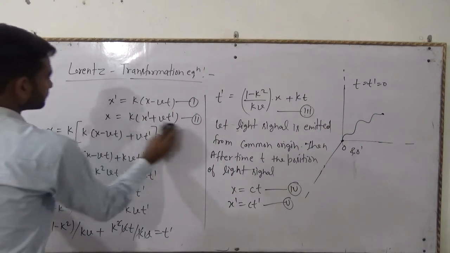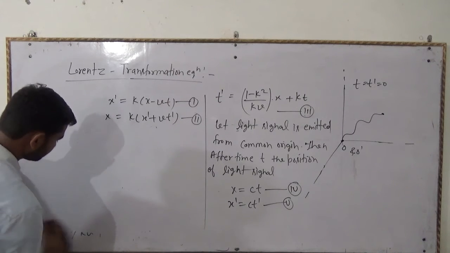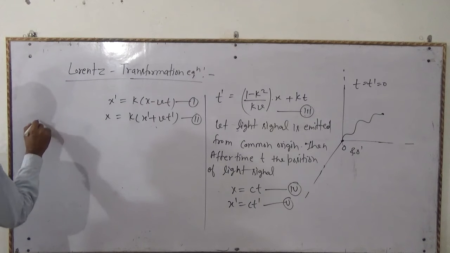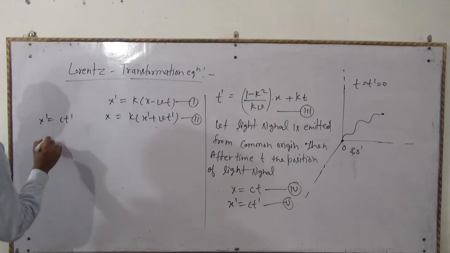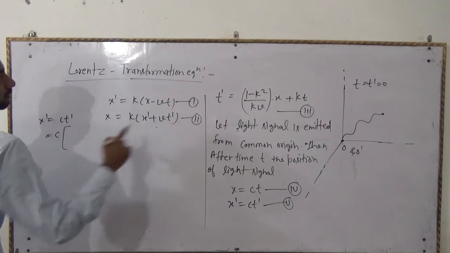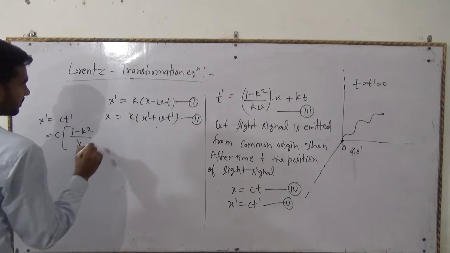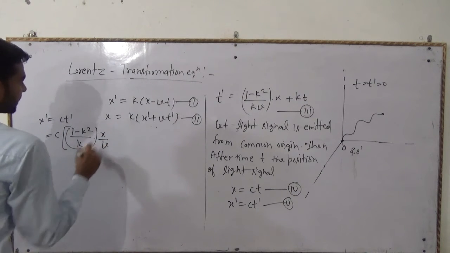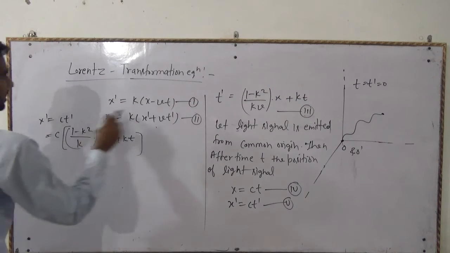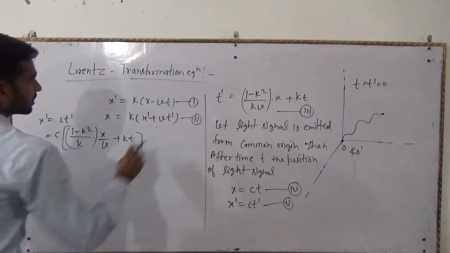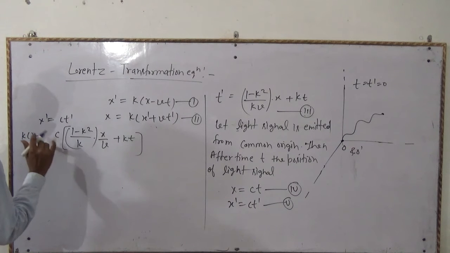We are considering from equation number 5, x dash is equal to ct dash, and the value of t dash we have found, 1 minus k square by k into x by v, we can write it, plus kt, and the value of x dash also we have written, k into x minus vt.